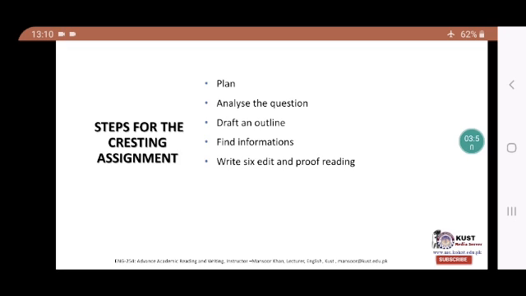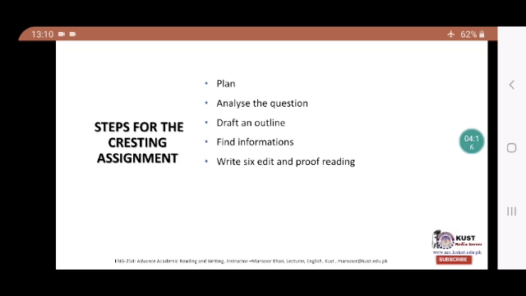If you are sitting in an exam and answering a question, or attempting a question paper, you must make or draft an outline for each and every question.